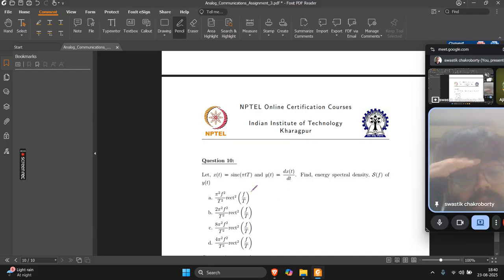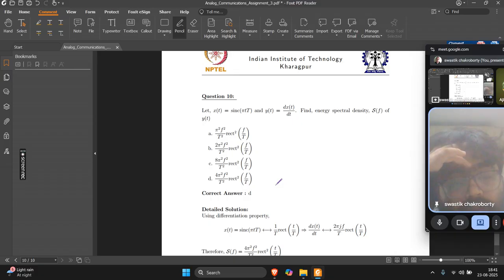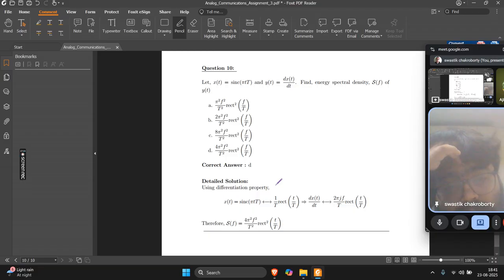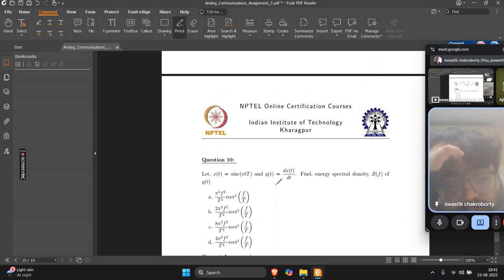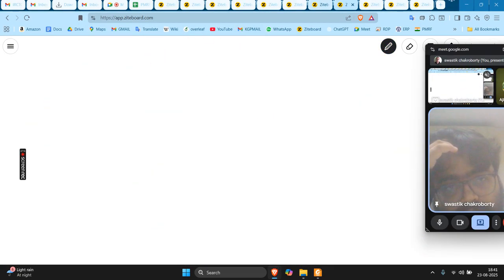Now x(t) is equal to sinc pi t by capital T, and y(t) is the derivative. So find the ESD. Now to find the derivative's Fourier transform, and from there we can square the Fourier transform to get the ESD, we have to use the differential property.